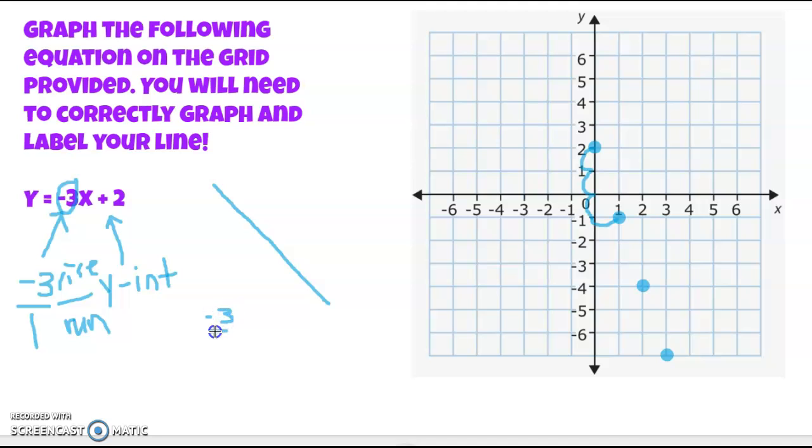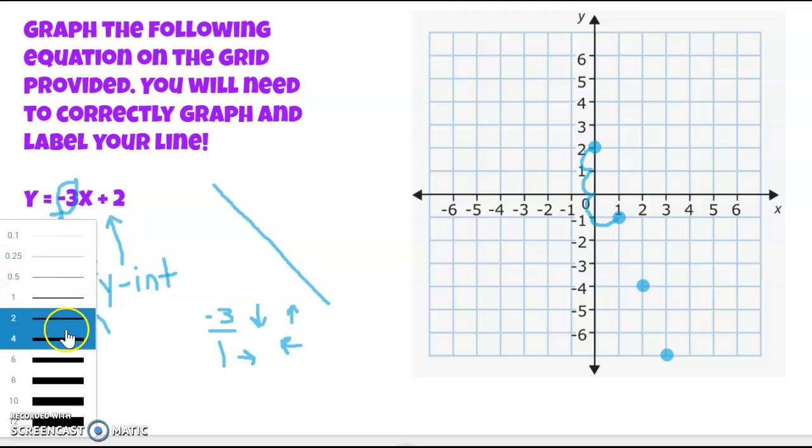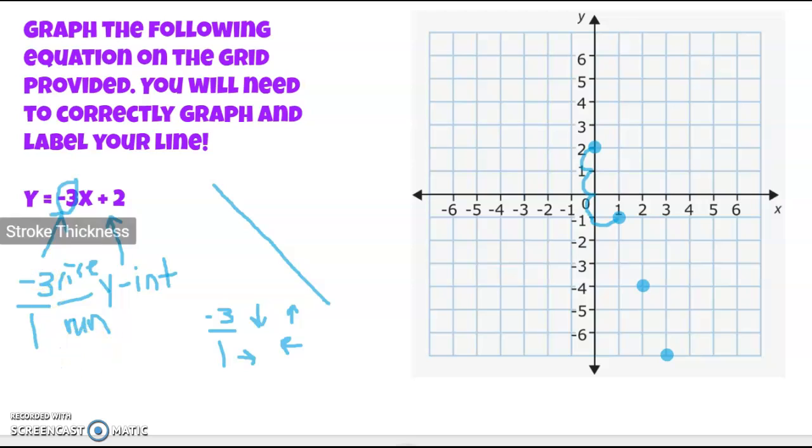So if I have -3 over 1, and that meant down 3 and to the right 1, I'm going to go in the opposite direction now, which is up 3 and to the left 1 to continue that slope. I just want to change my thickness so you can see my dots. So I'm going to go up 3, 1, 2, 3, to the left 1. And then I can't go any more, so that'll be it.